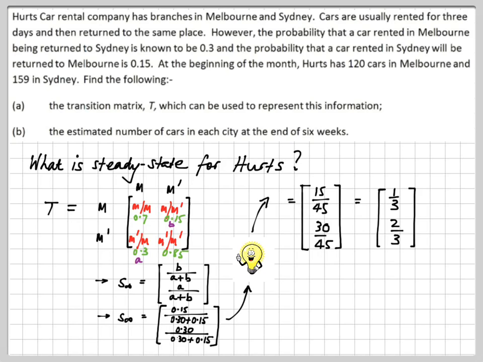Well, you've got 120 in Melbourne and 159 in Sydney at the start, which is 279 all told. So 1/3 of those 279 cars will eventually end up in Melbourne, and 2/3 of those 279 cars will end up in Sydney.